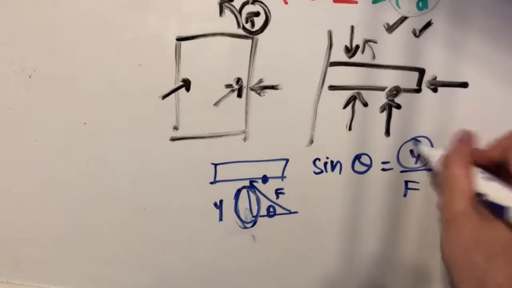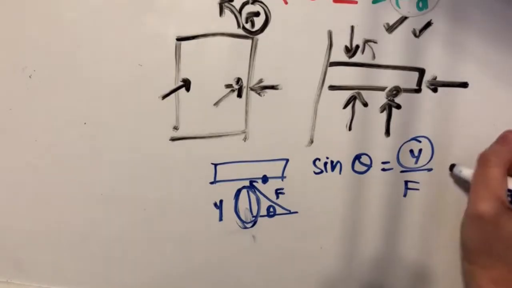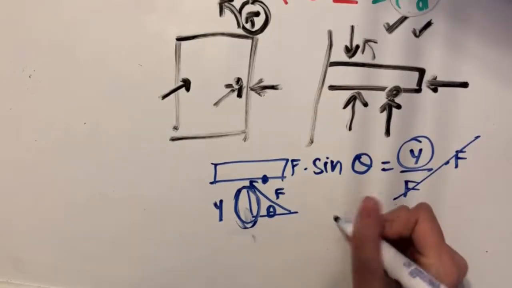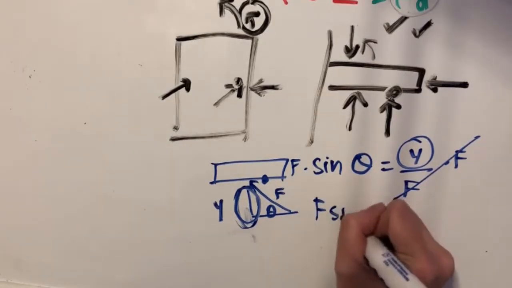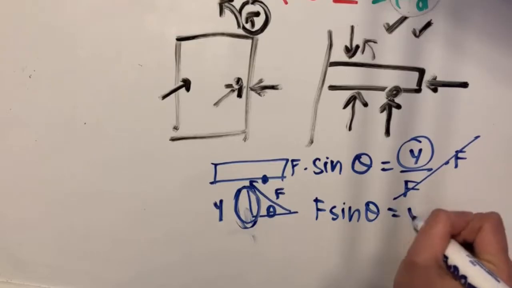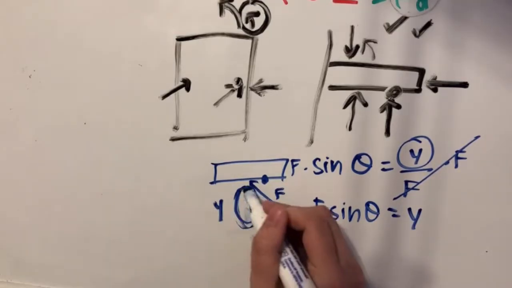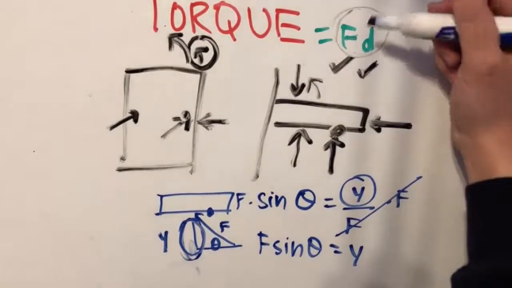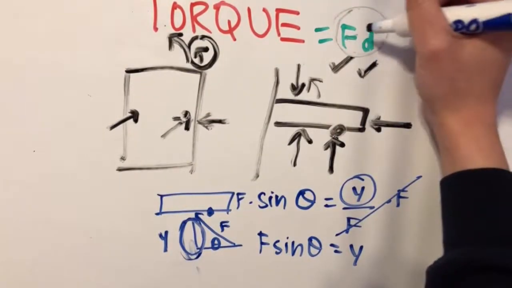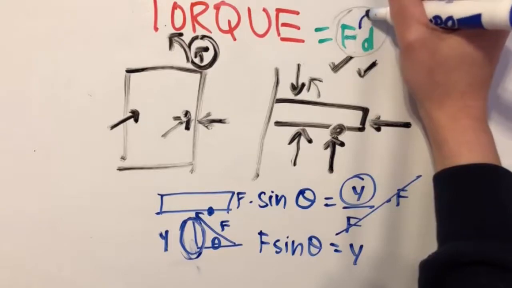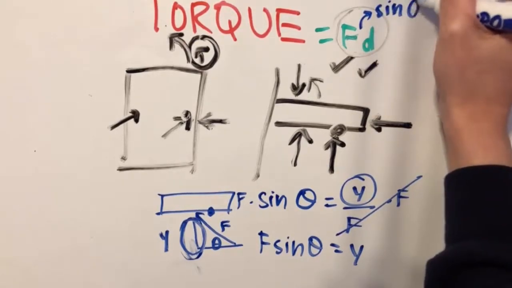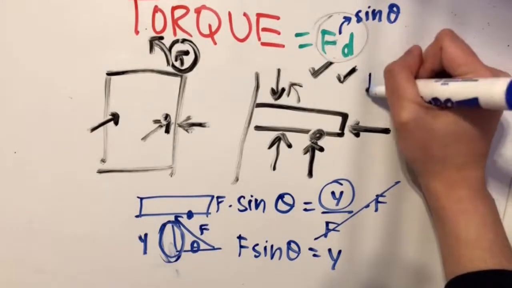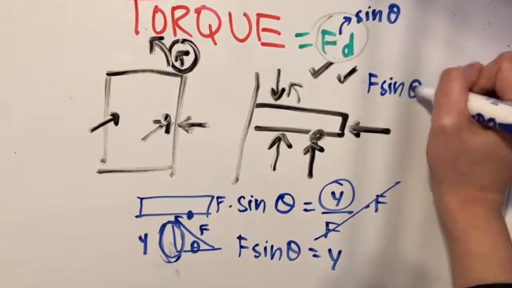And so to solve for y, all we need to do is multiply both sides by F, and these two cancel out, so F sine theta is equal to y, or the perpendicular aspect of the force vector. And so instead of simply just force times distance, we can use F sine theta times distance. And now our new expression for torque would be F sine theta times d.